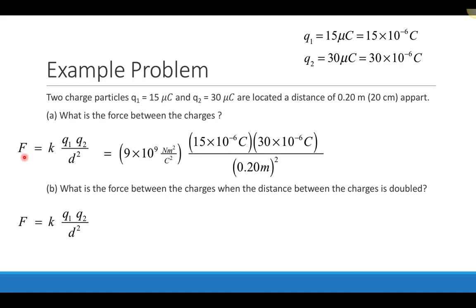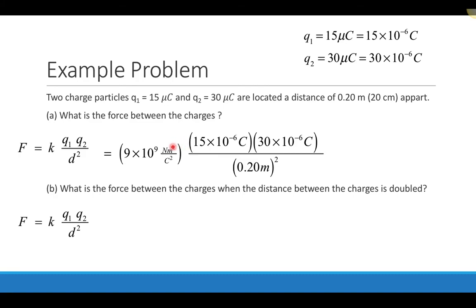According to Coulomb's law, the force is equal to Coulomb's constant. Coulomb's constant is a number that doesn't change. It's 9 times 10 to the 9, with units of newton meters squared over coulombs squared. And then I would multiply that by 15 times 10 to the minus 6 coulombs for Q1, 30 times 10 to the minus 6 coulombs for Q2, and then divide by 0.2 meters squared.